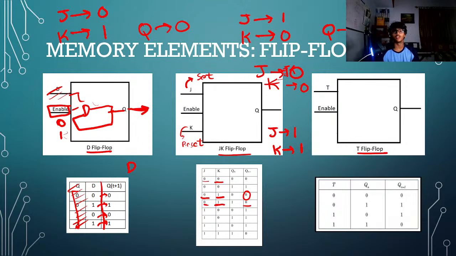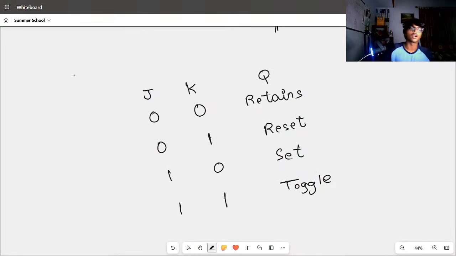Coming to the T flip flop. It has one input T, and it has an enable. Essentially, T can be thought of as the toggle input.